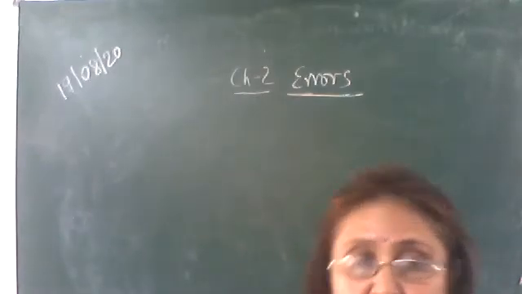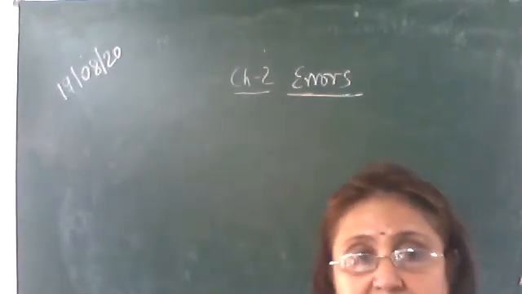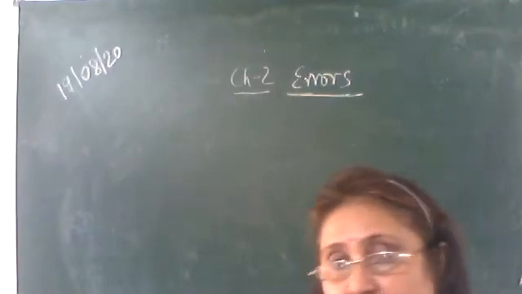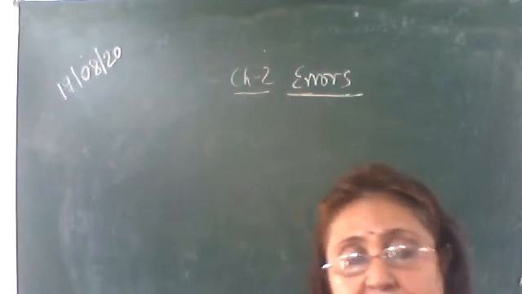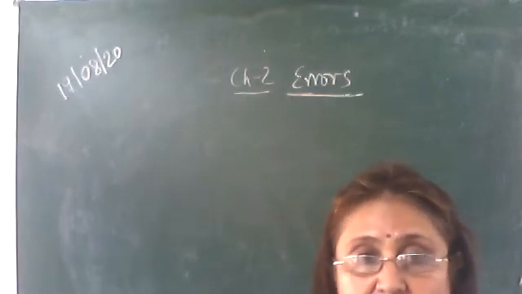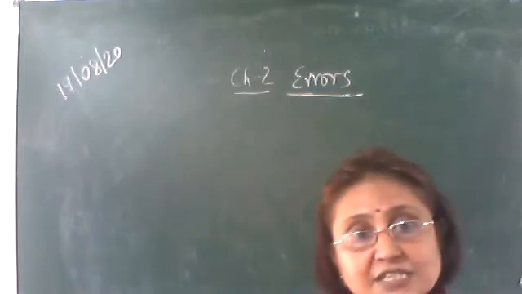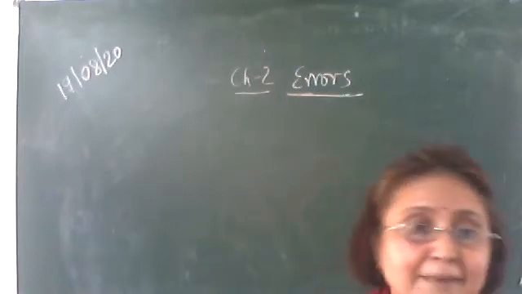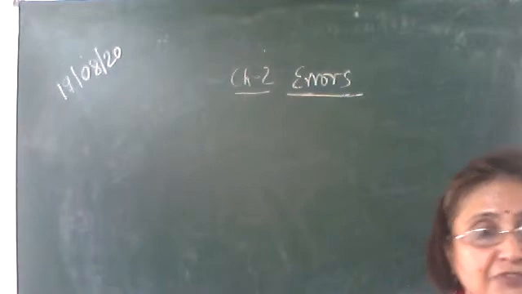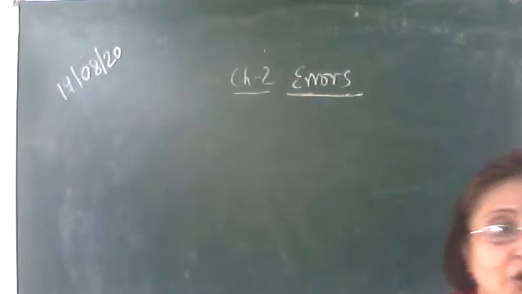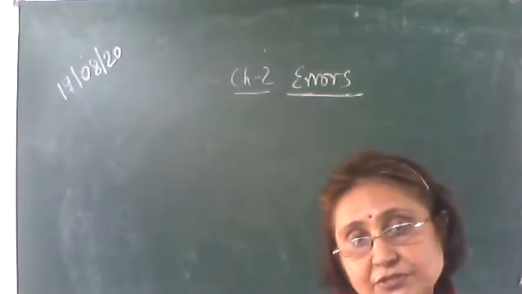Then if you use such a scale to measure any length, the table, the board, anything, some error will always come. Such an error we call the instrumental error, or it is the zero error of the vernier calipers.